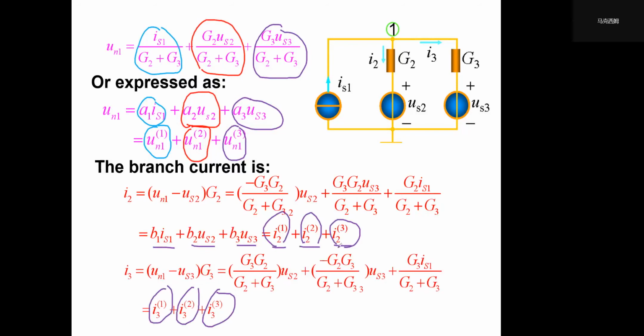UN1 1, I2 1 and I3 1, those three are all under the influence of the first source, and UN1 2, I2 2 and I3 2 are under the influence of the second, and the third under the third.